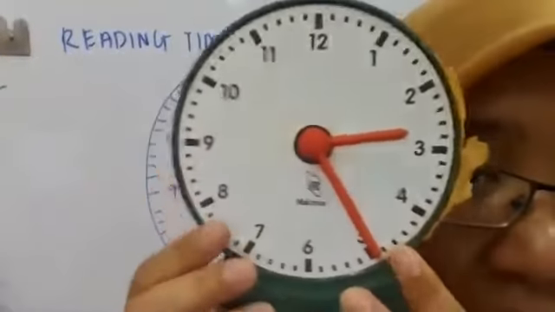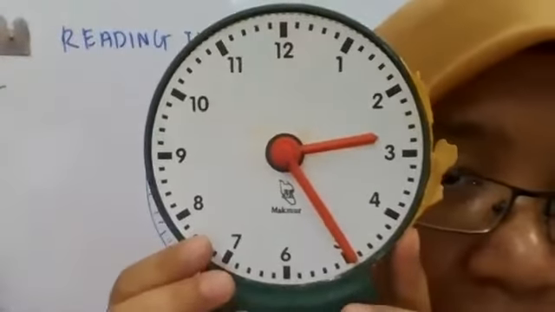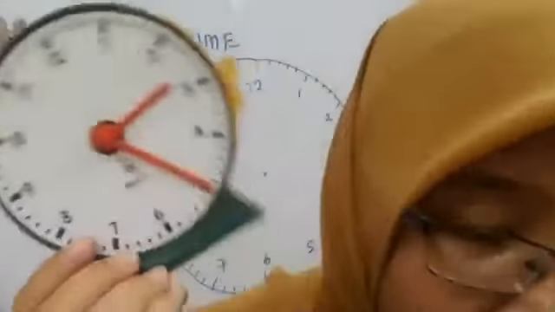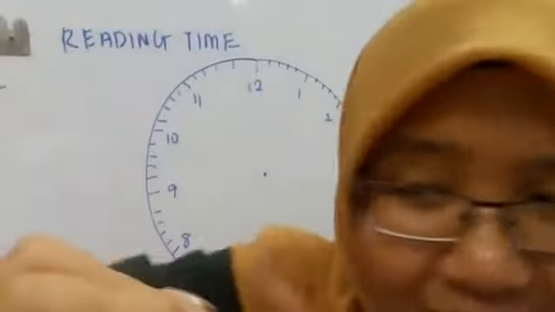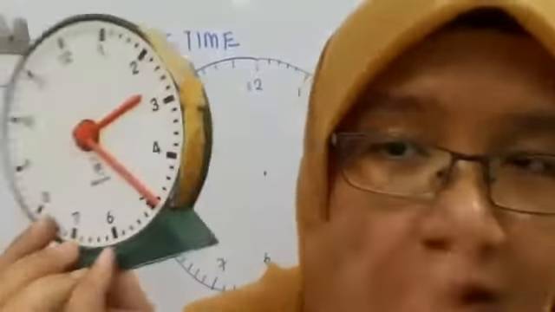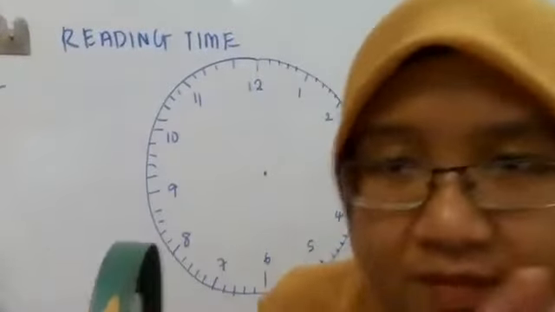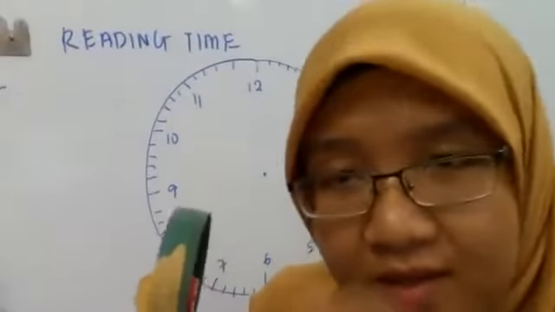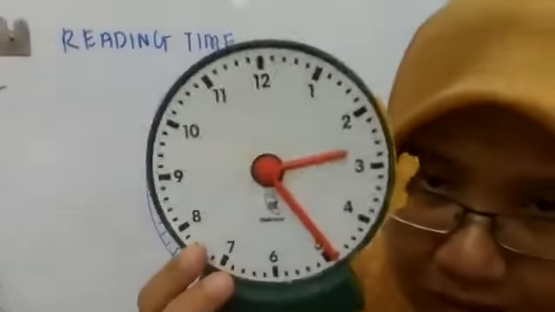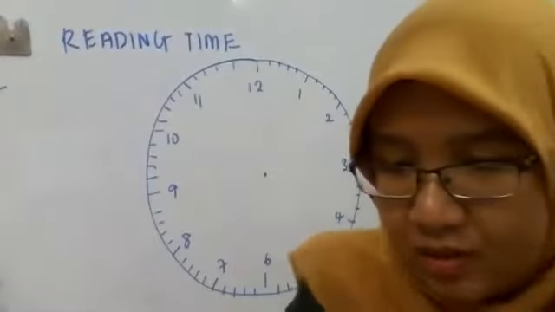We never know. This video will teach you how to read an analog clock, not a digital clock. Usually for a digital clock, they already mention how to read it, like 4:45 or 10:35. For the analog clock, you will learn how to read it in this video.